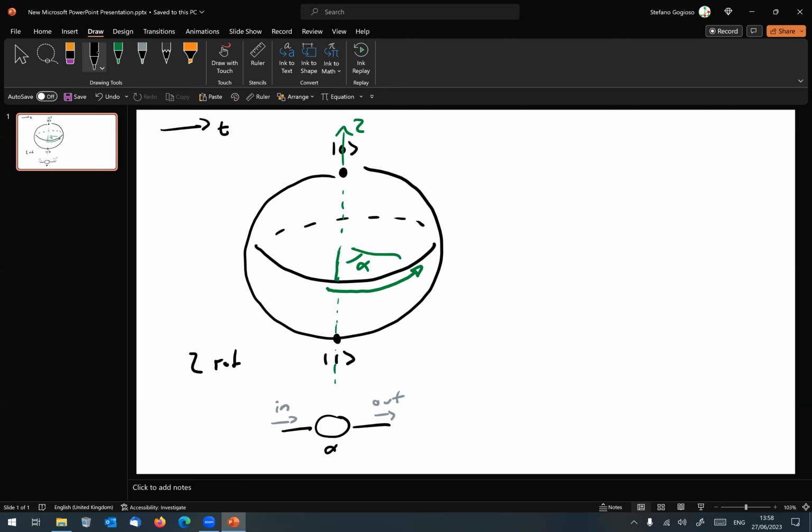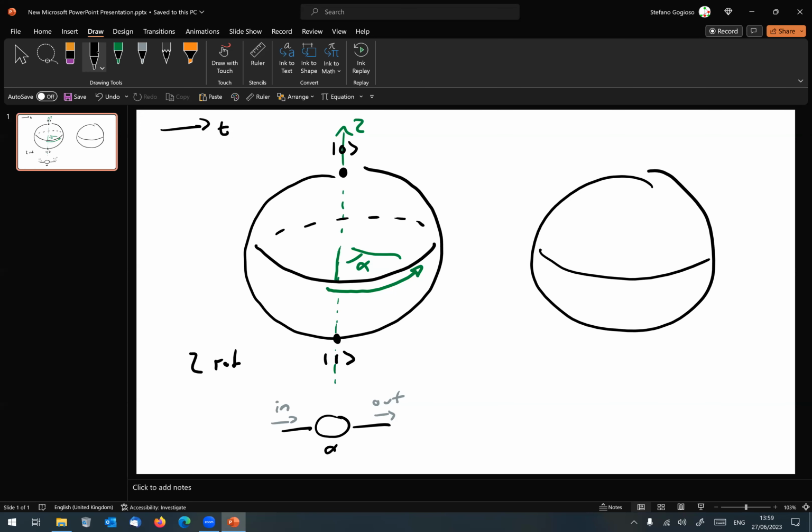And I can adopt a similar notation for rotations about the x-axis. So rotations about the x-axis take the x-axis as their fixed axis of the Bloch sphere, and they rotate about the circle orthogonal to that axis, so the equator for the x-axis.